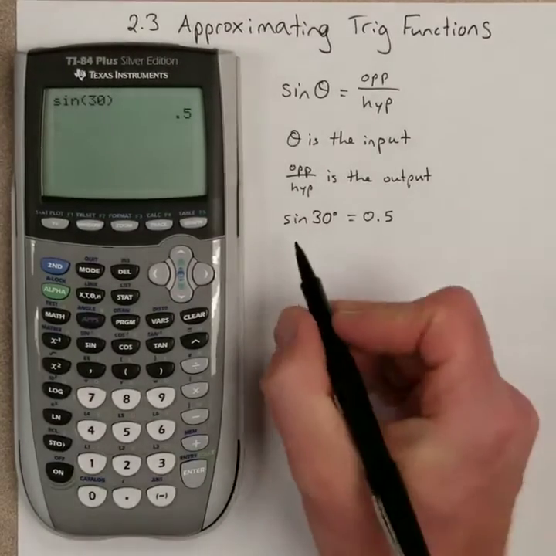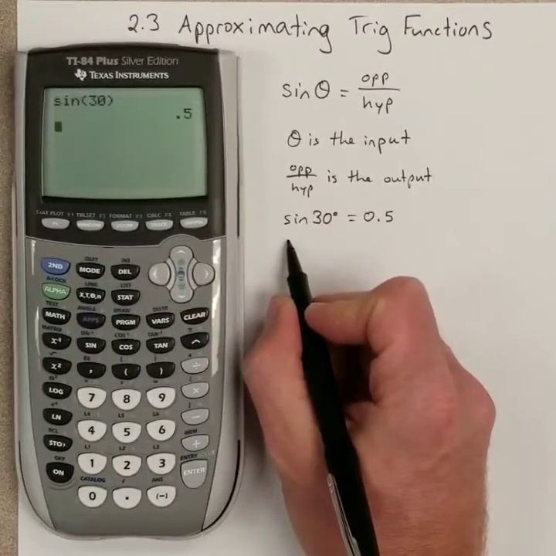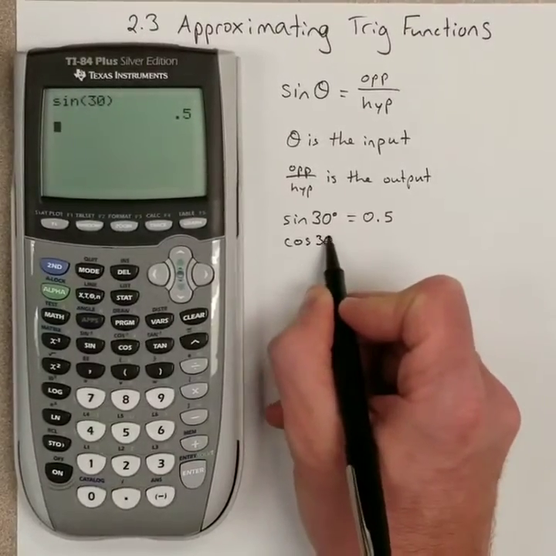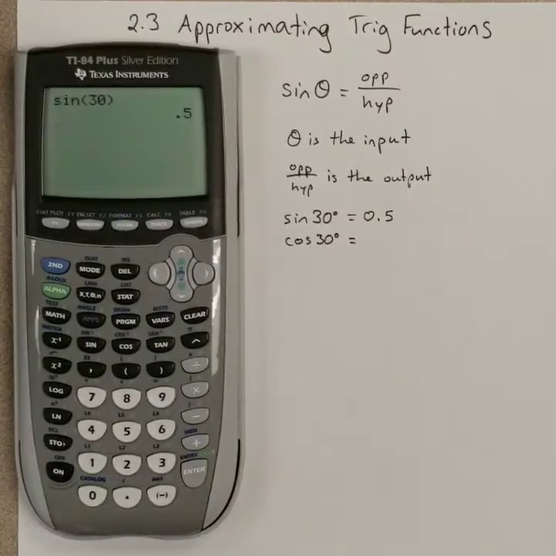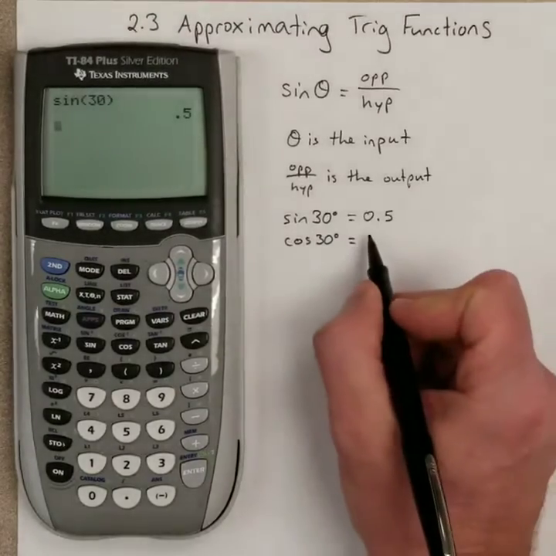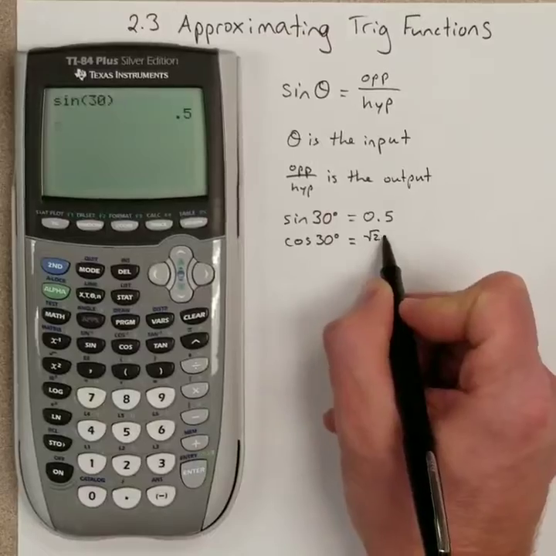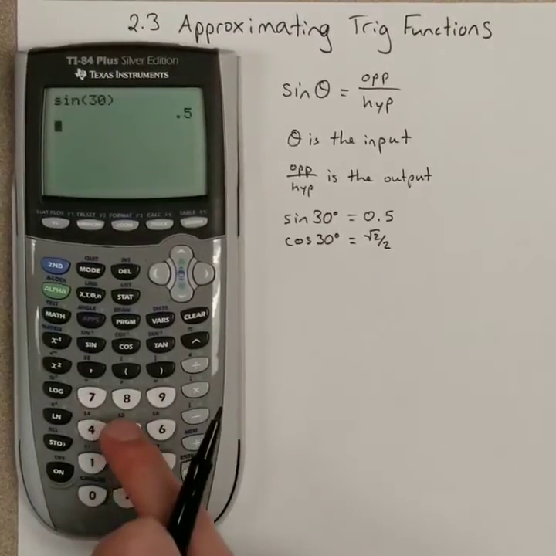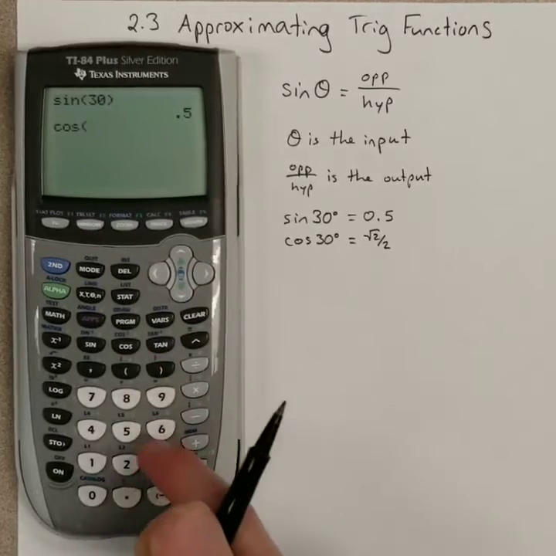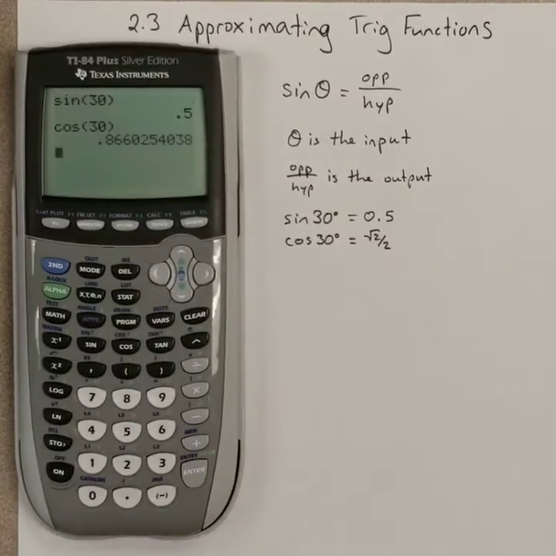But we also saw that, let's say, the cosine of 30 degrees, according to our special triangles, what was the cosine of 30? It was square root of 2 over 2, I believe, right? So that should be square root of 2 over 2. Let's just double check that. So if I go to cosine of 30 on the calculator, it's going to give me a decimal, 0.866 roughly, right?